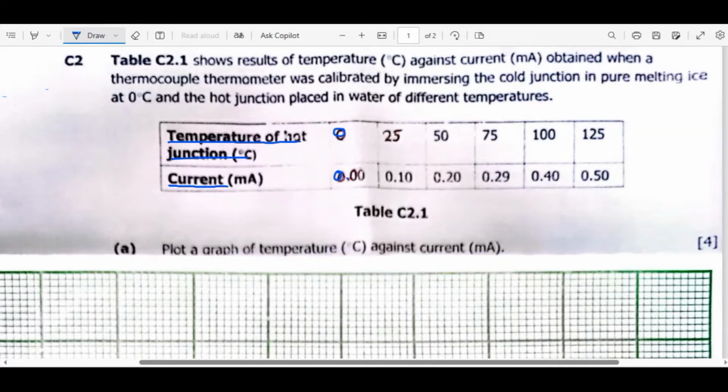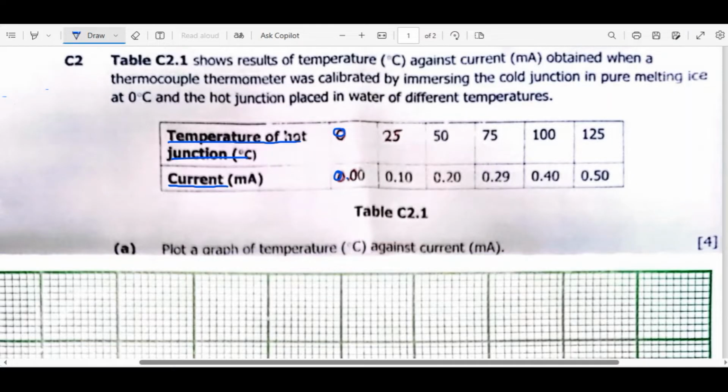When the temperature increased to 25, current also increased to 0.01. Then 50, 0.2, 75, 0.23, 100, 0.4, 125, 0.5. So as we can see, the relationship between the temperature and current in our case is directly proportional, because as the temperature increases, so does current.